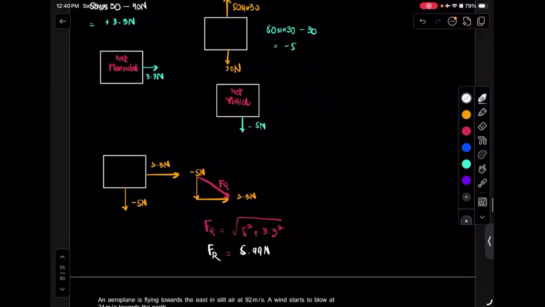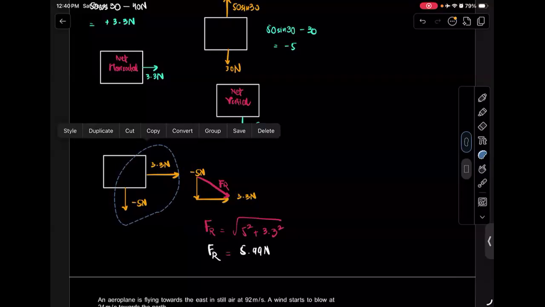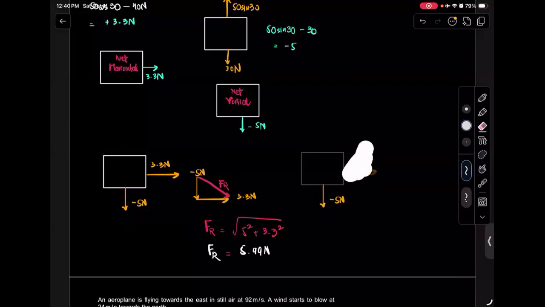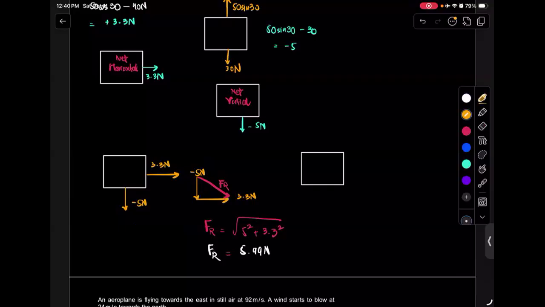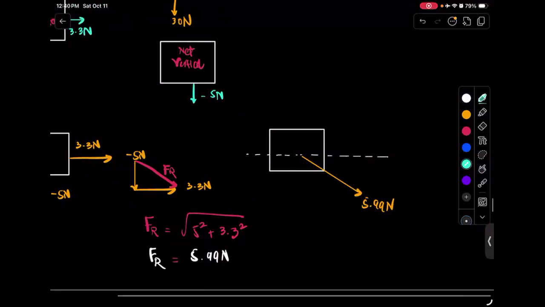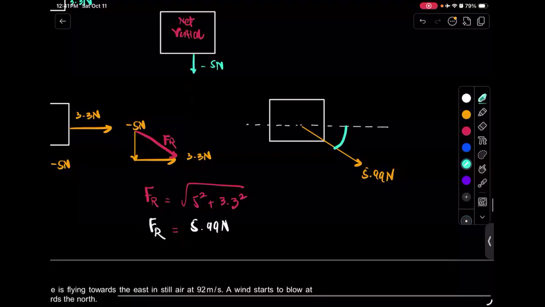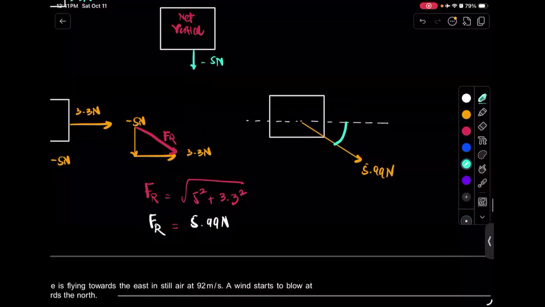So we figured out what the resultant force is. This is the resultant force, pointing somewhere over here, 5.99 newtons. If I want to calculate what the angle of that force is, how do I calculate this angle?